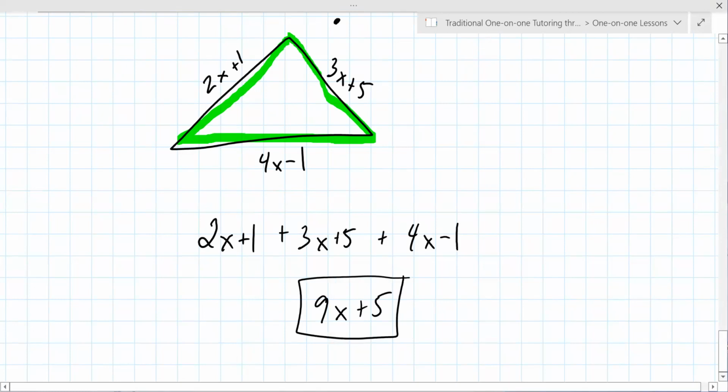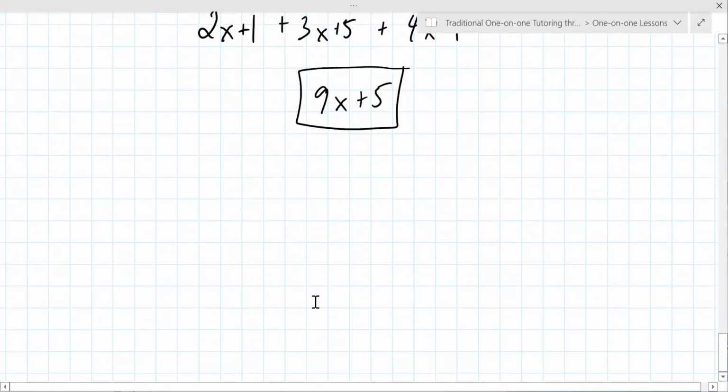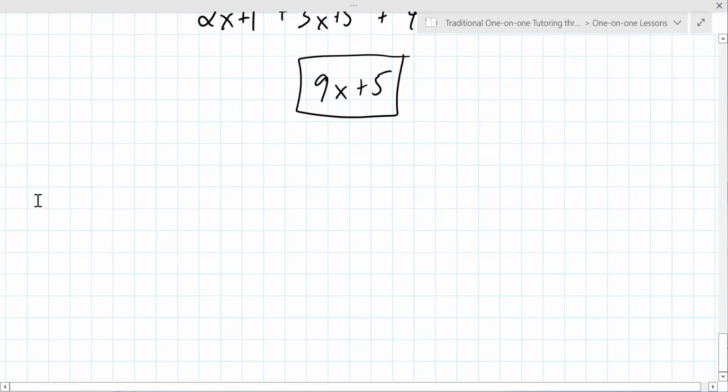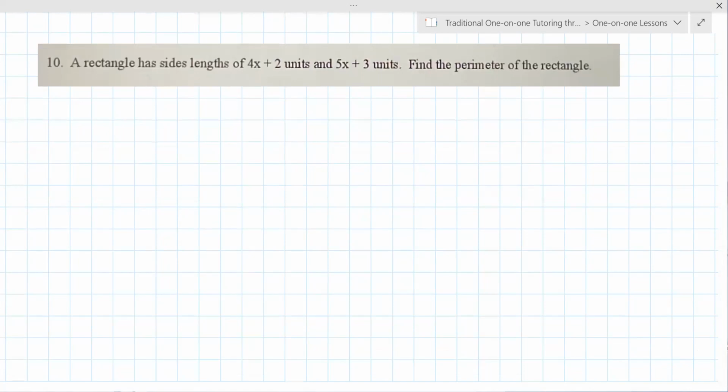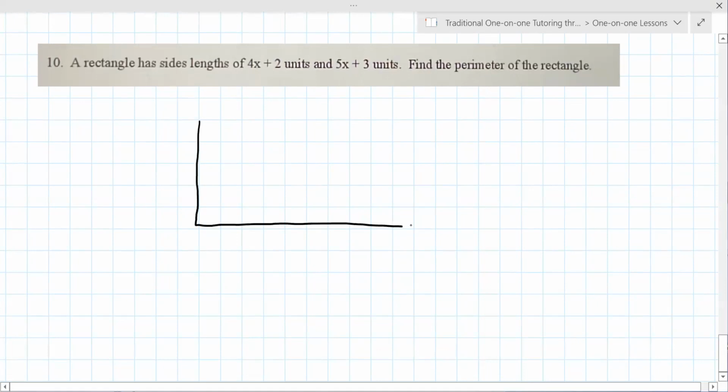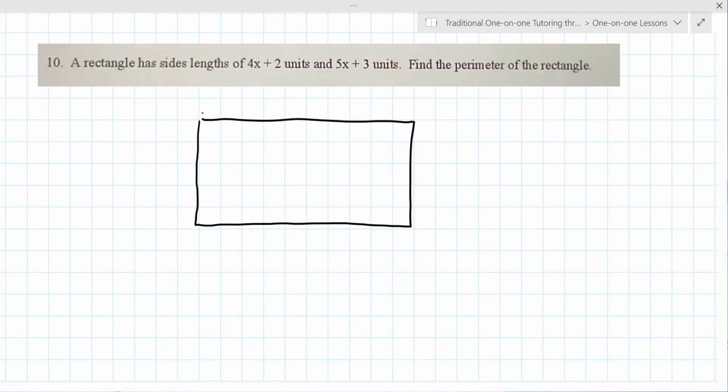All right, so we'll move on to number 10. All right, so this one says a rectangle. So it's good to draw a rectangle. I don't know if this is the right one, but it really doesn't matter. The picture just helps to kind of separate it from the rest of the words there.